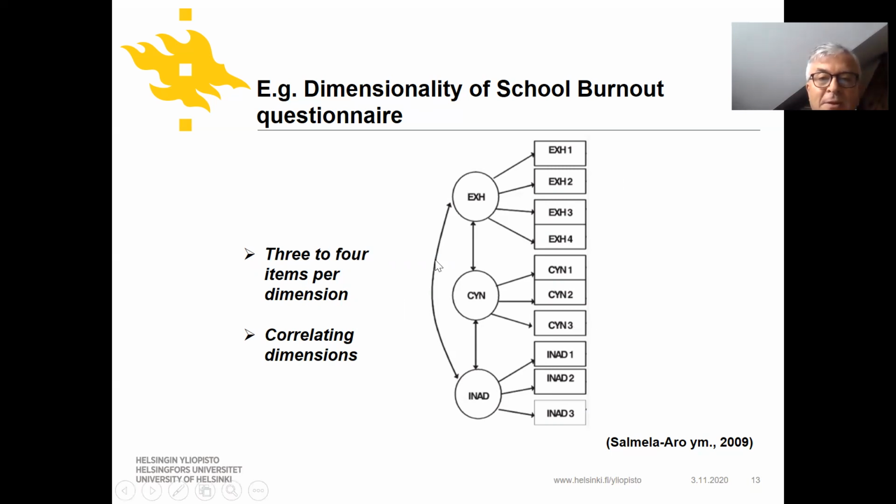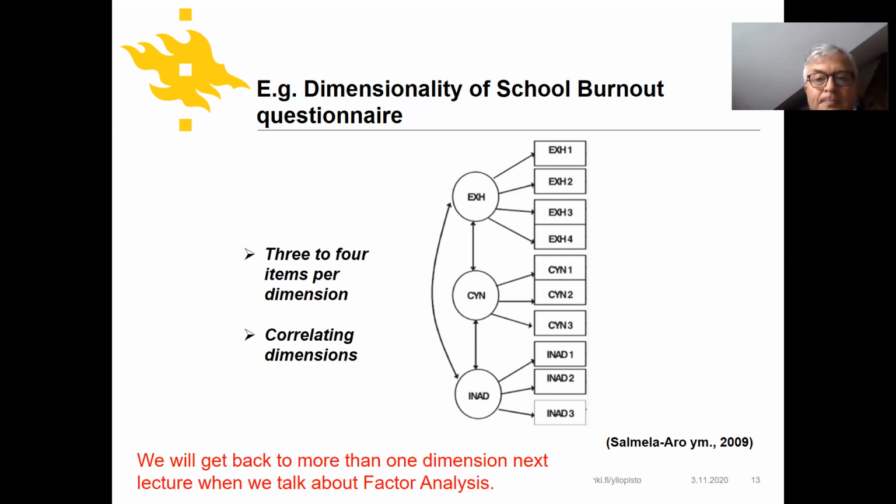This also shows that not only do the items correlate, but the factors correlate with each other. The exhaustion, cynicism, and inadequacy have something to do with each other. They correlate. Otherwise, there would be no point in calling it a general concept of school burnout; it would be one thing, the other, and the third separately. Okay, we'll get back to this, I promise you, in our next lecture.